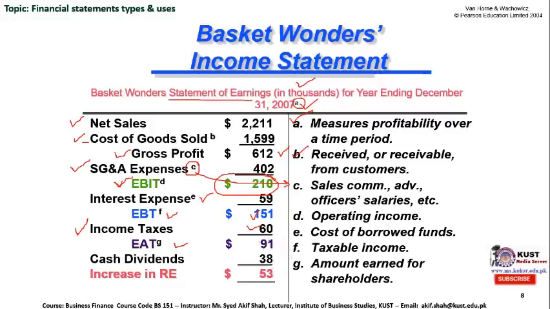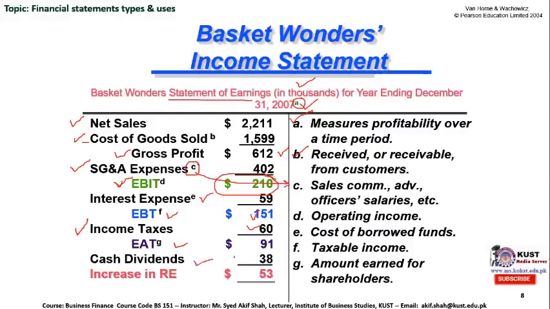After this deduction, if the company is a public limited company and that board of director have decided to pay out dividend to the shareholders, then the cash dividend will be deducted in the next step.